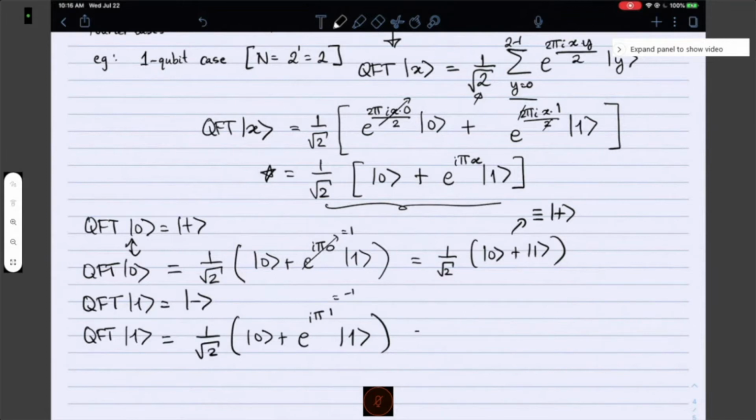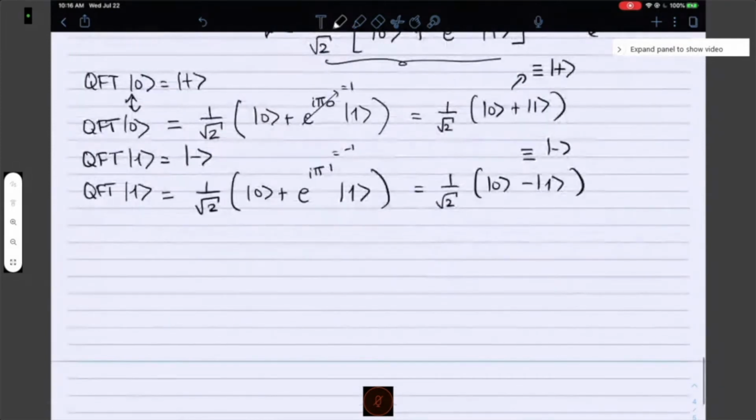So this is 1 over square root 2 of 0 minus 1. And that's exactly the definition of what we call the minus state in our first lecture. So you see the notation that you've seen already and this way of writing down the quantum Fourier transform are equivalent. This is only an example for 1 qubit, but more generally, this works for any number of qubits.